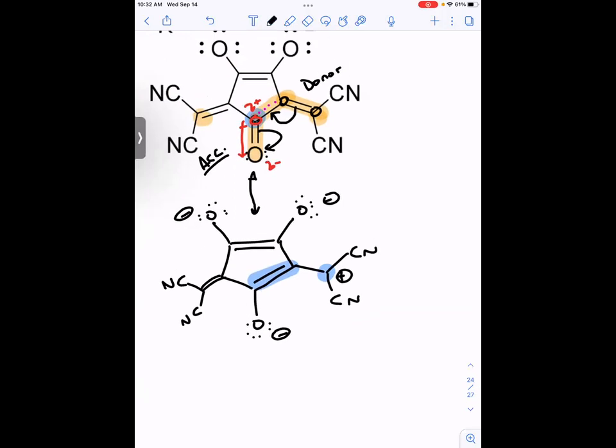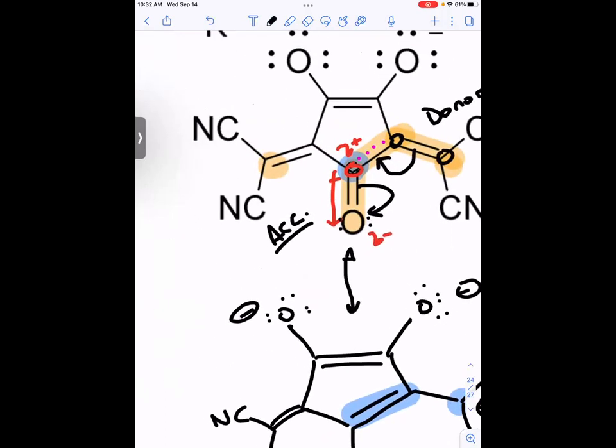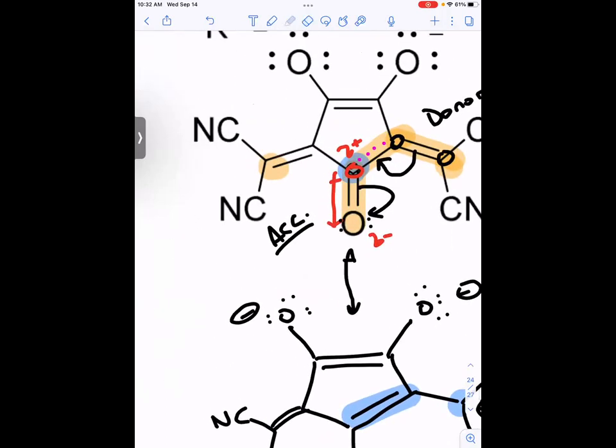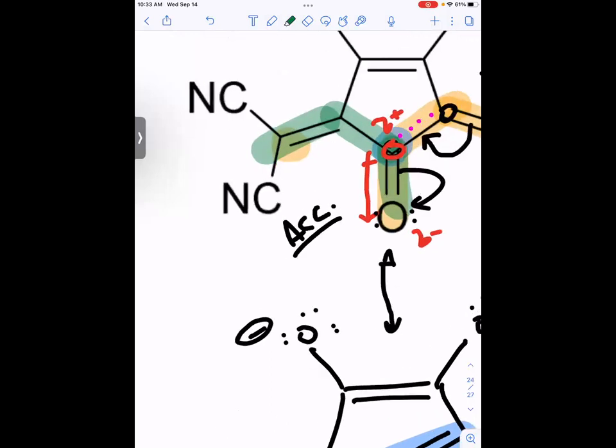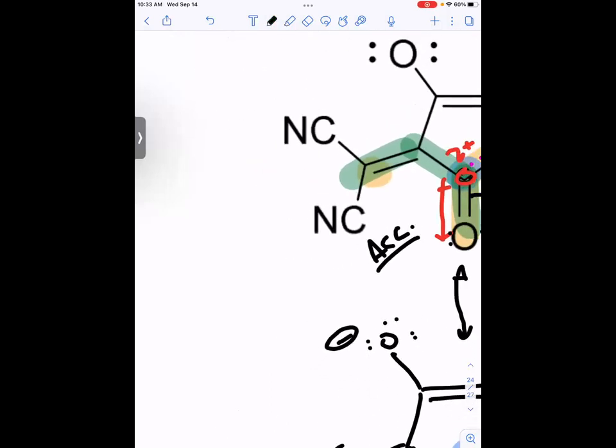Can we do the same thing on the left, with this system over here? Can't we do the same thing there? Yes, we can.